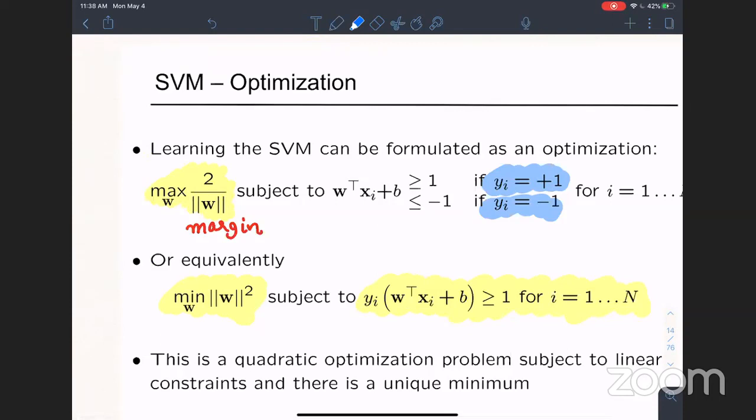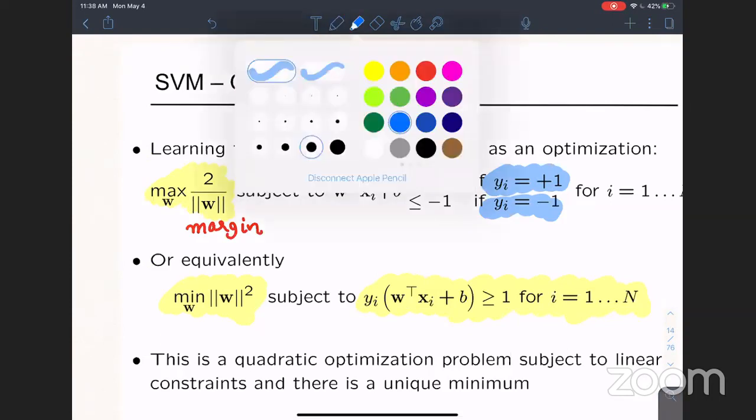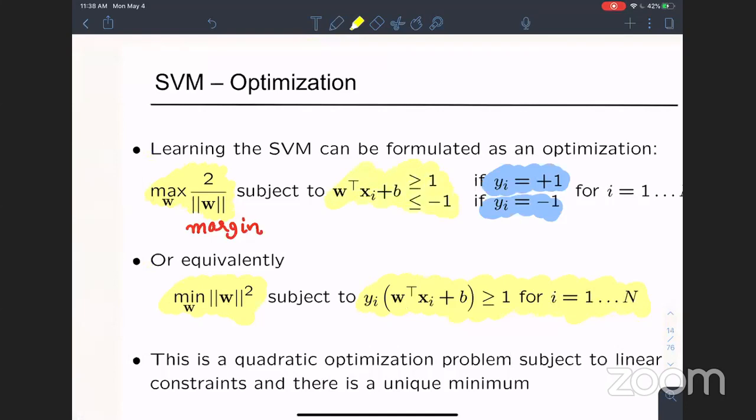This is talking about no misclassification. This is a hard margin, a hard rule, a very hard rule, which would learn a hard margin. It's very strict. I'm not going to allow citizens of other countries to cross the boundary.